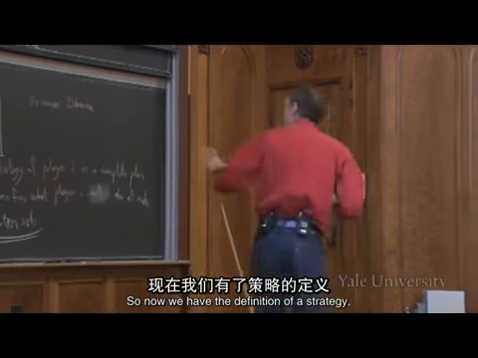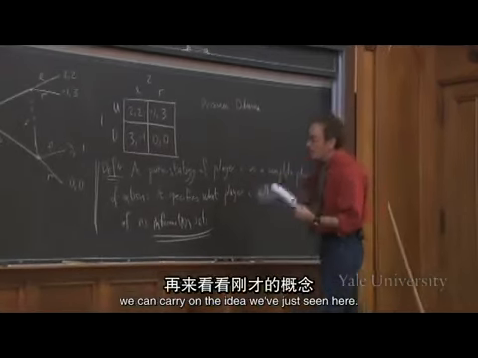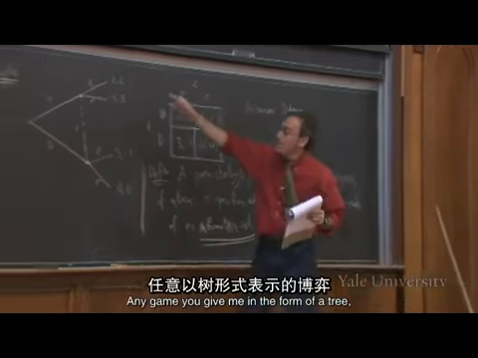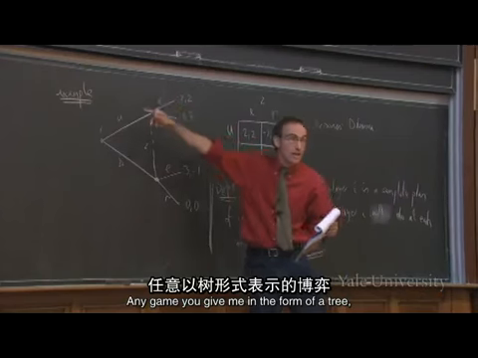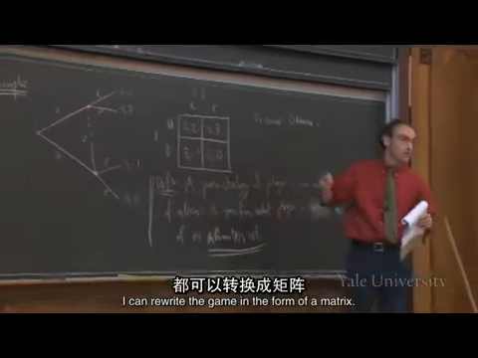So now we have the definition of a strategy. We can carry on the idea we've just seen here. So what's the idea? Any game you give me in the form of a tree, I can rewrite in the form of a matrix.